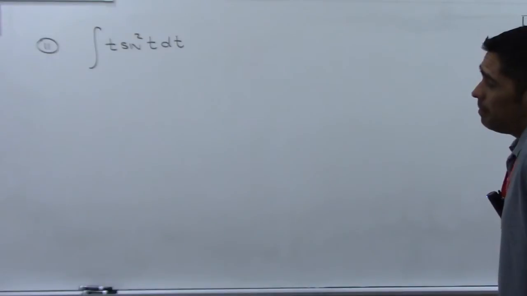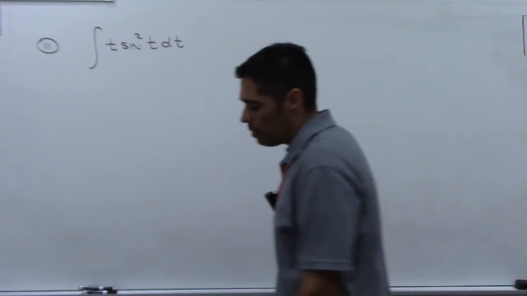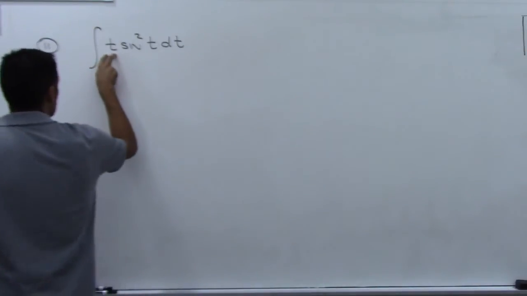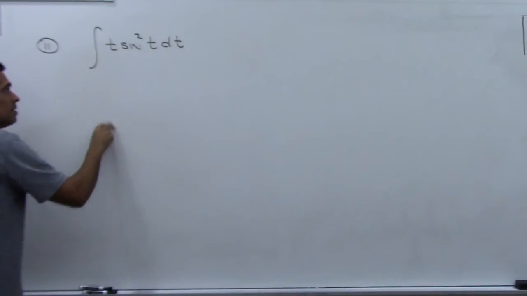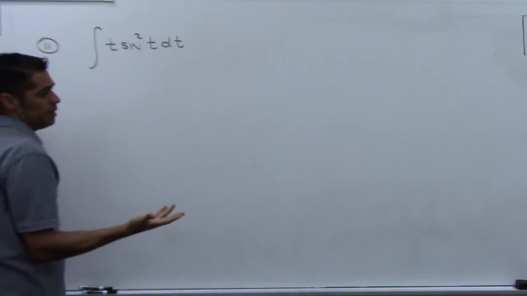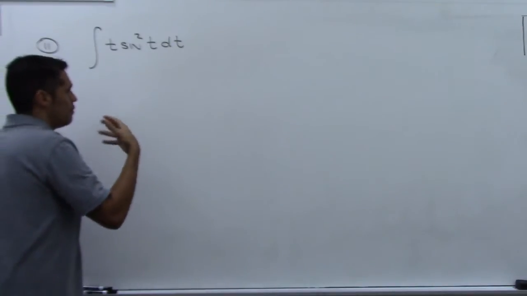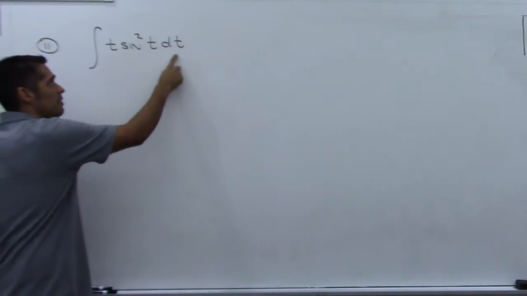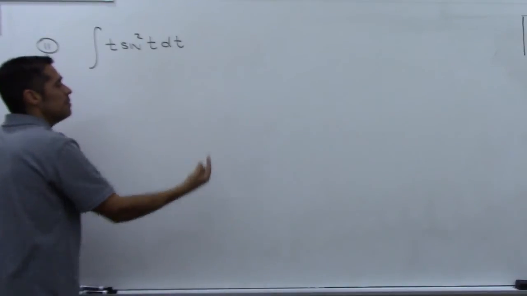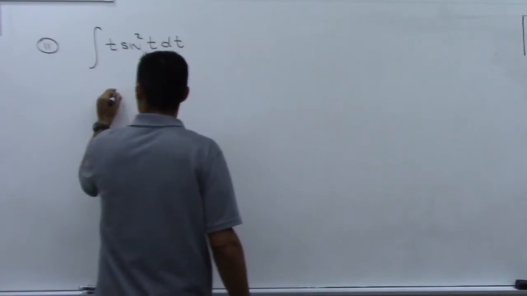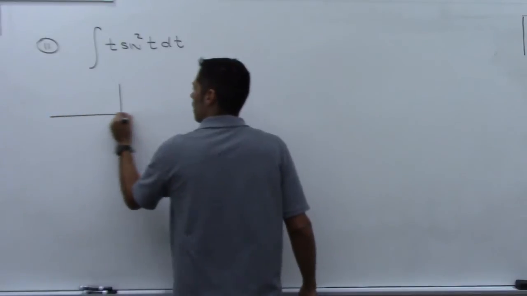So I'm looking at that and I'm thinking, okay, well wait, with integration by parts, if I pick this to be u, the derivative of that is just going to be 1. And that's good because in my new integral the t will be gone. The problem with that though is that this would have to be dv and I have to be able to integrate it. So let me explain what I'm thinking here.